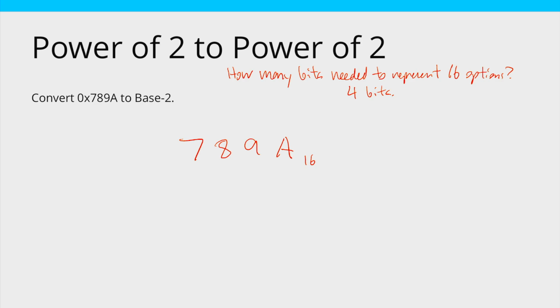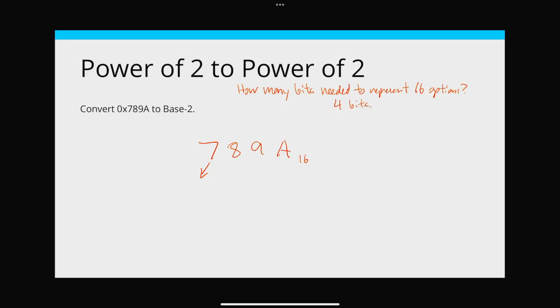So what we can do is we can break down each of those places, the 7, the 8, the 9, the A, into 4 bits. So how do I represent 7 with 4 bits?